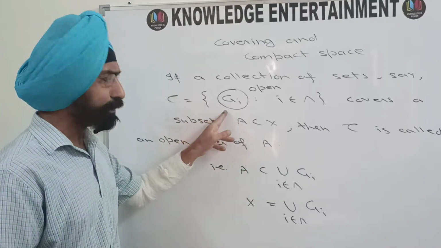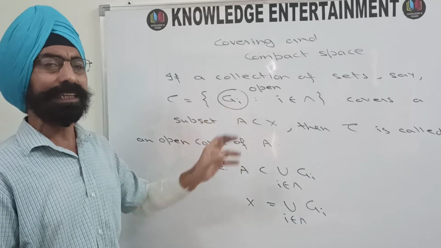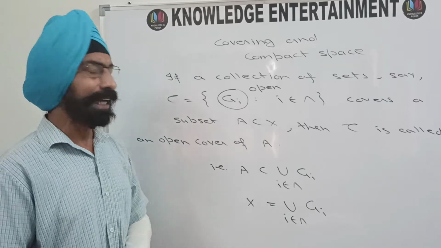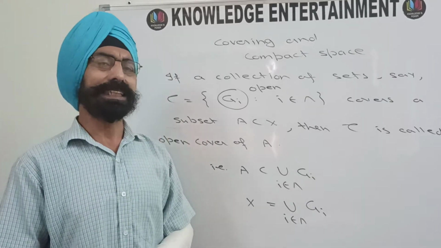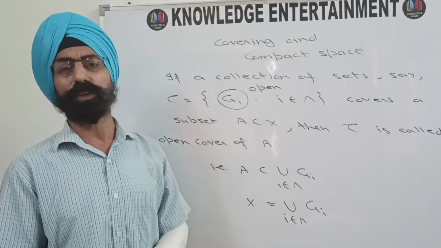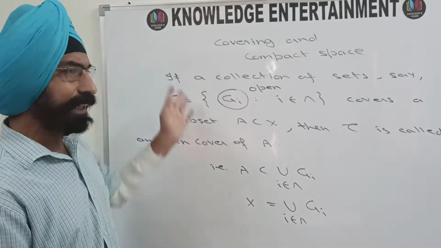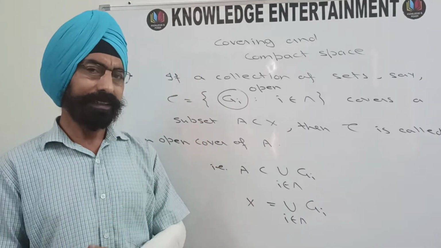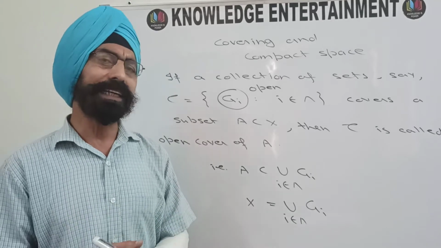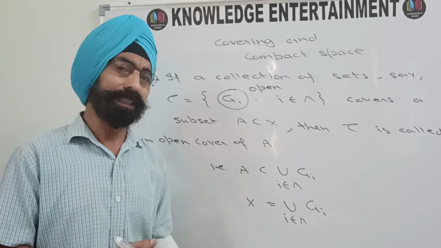If every member of this collection C, that means every Gi, is a sub-basic open set, then C is called a sub-basic open cover of A or a sub-basic open cover of X, whatever the case will be. So these are the definitions of covering, open cover, finite open cover, basic open cover, sub-basic open cover, etc.